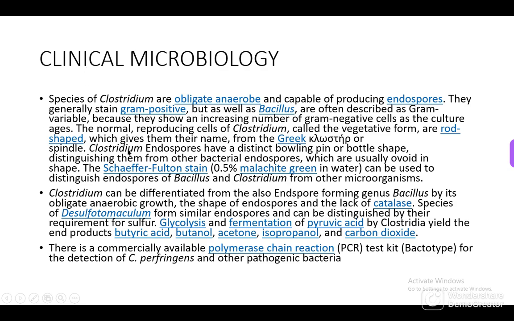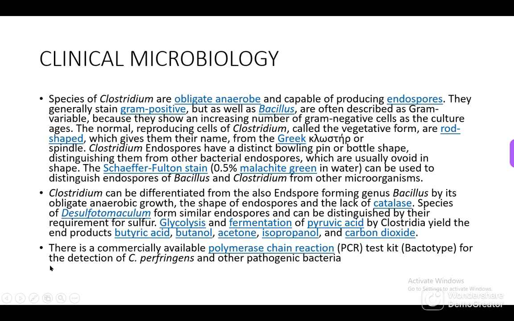The clinical microbiology of the species: they are obligate anaerobes and capable of producing endospores. You know the endospores form under the cell wall. They generally stain gram-positive, but as with Bacillus, are often described as gram-variable. Variability means they are weakly gram-positive, for example.